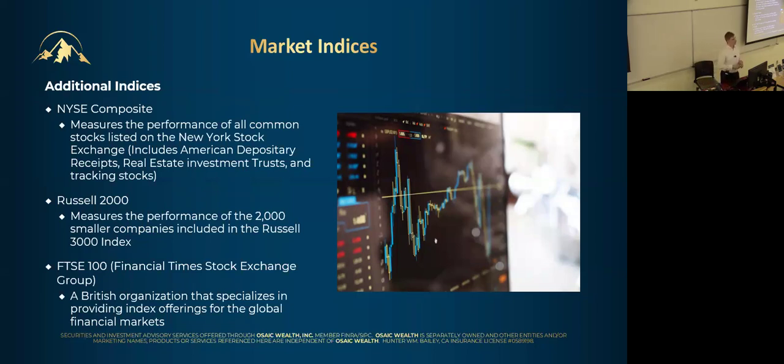Is ETFs, any of those, is that totally a separate deal? So an ETF is an actual product. An index is not a product. An index is just a list of other things that are included. So if I say I'm looking at an index, you can't actually buy an index, but you can buy a fund that tracks the index. So it's more of the data point rather than an actual product.